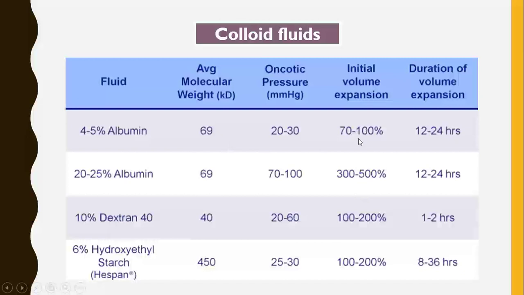So albumin 70 to 100%, but this albumin gives a 3 to 5-fold increase, this gives a 1 to 2-fold increase in the intravascular volume, and this is also very important. This is very long acting, those are mildly or moderately acting, and this is short acting.